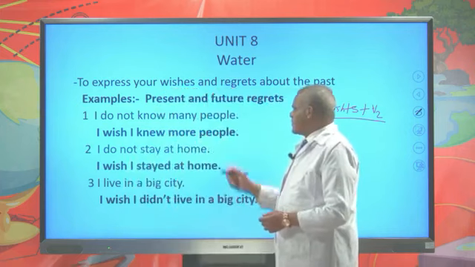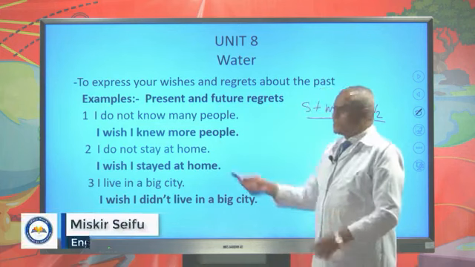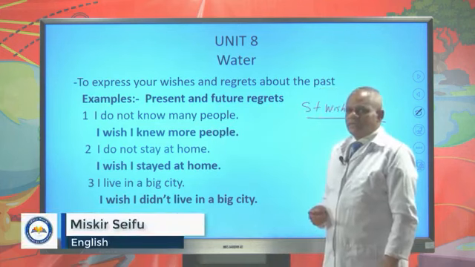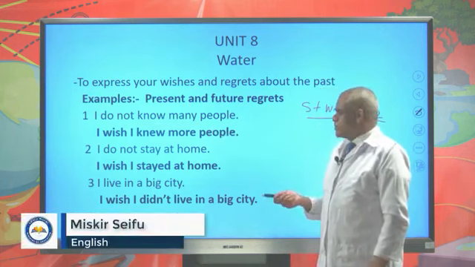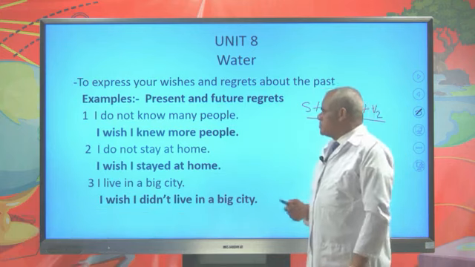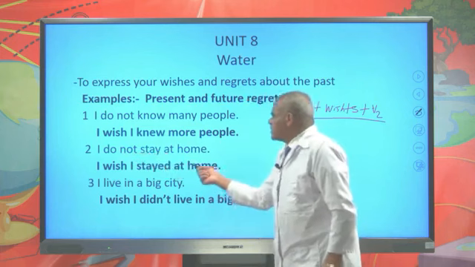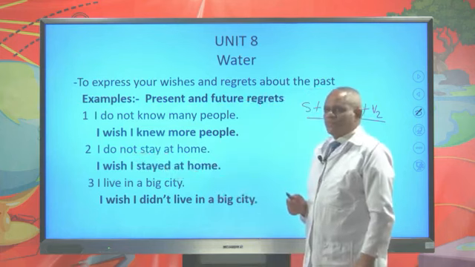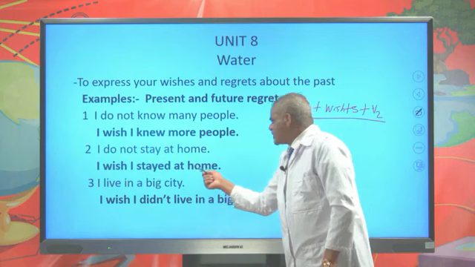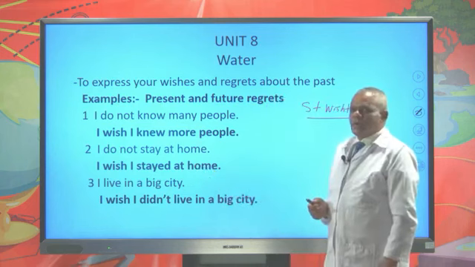So "I don't know. I wish I knew more people" is a possible way of regretting in the present or future. "I do not stay at home." Look, the present verb, whereas in the case of the wish structure: "I wish I stayed at home."